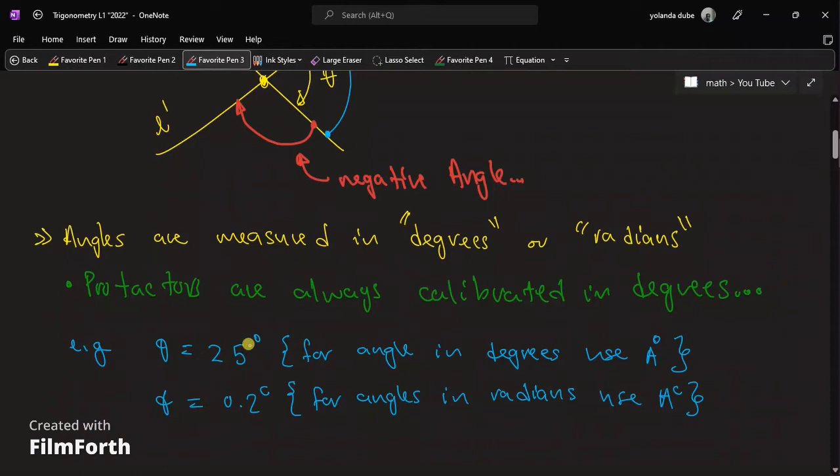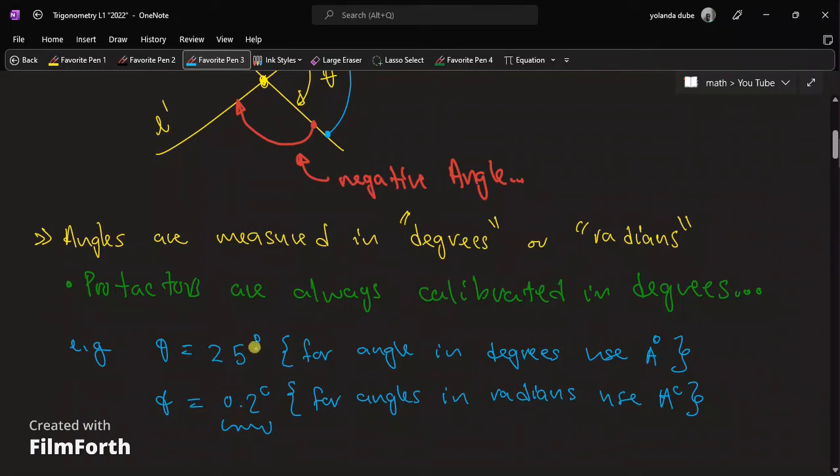Or if you write an angle in mathematics without including the degree symbol, we always assume that it is radian mode. You might find that the SI unit for angles is always the radian, and it is the most fundamental one. It's just that in mathematics we prefer degrees at this level, but the radian is the most fundamental.